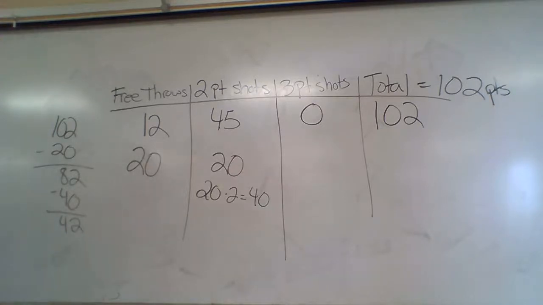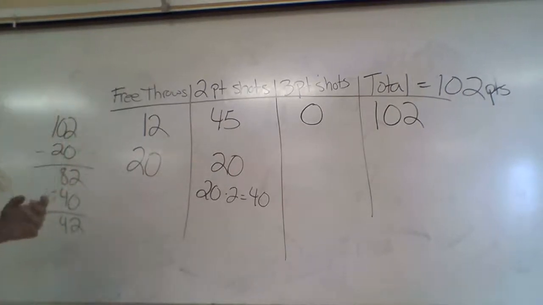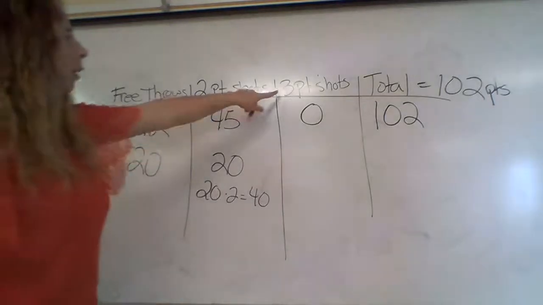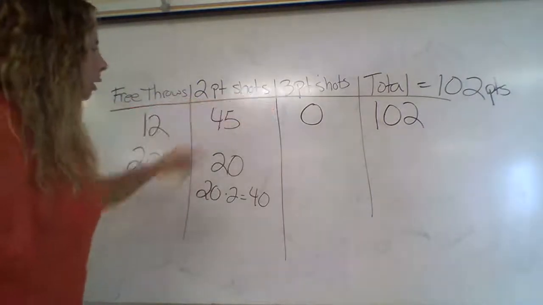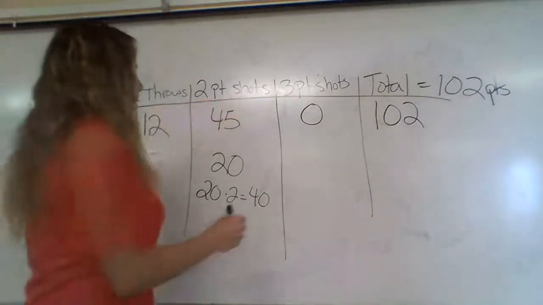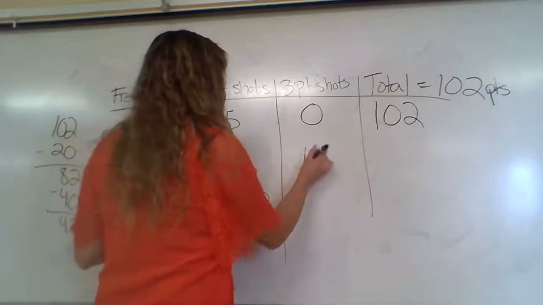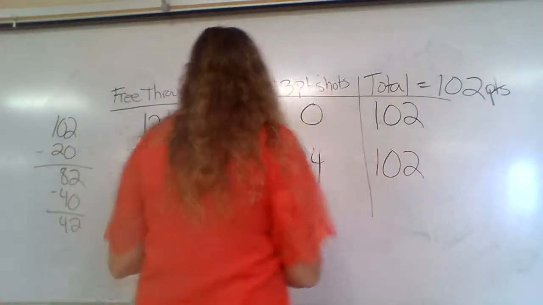You can do 42 divided by 3. I need 42 more points, and these are worth 3 each. So I'm going to do 42 divided by 3, and that gives me 14. So that is also a total of 102 points.